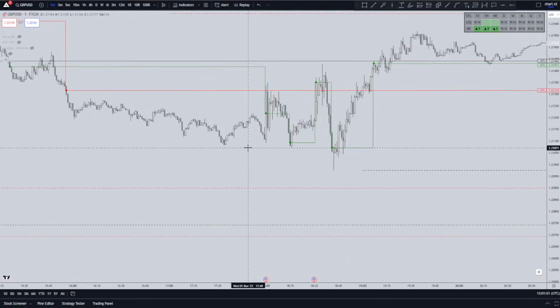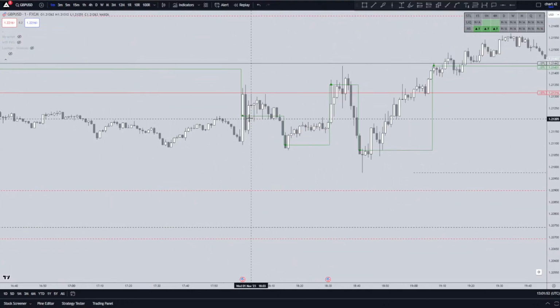Yep, so we have a first push to the 15 minute up, rejected from the 4-hour structure, bearish, pulled down, took out this 15-minute structural low.